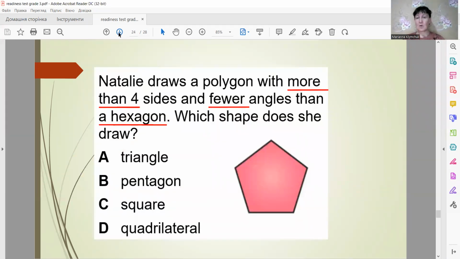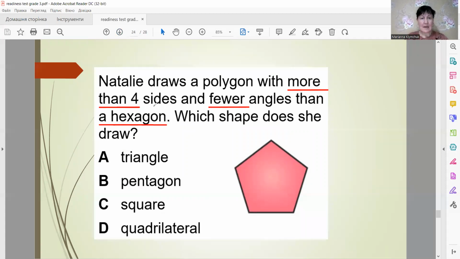And we have a very interesting picture. You will not have a picture in the quiz. This picture is just for you right now. So Natalie draws a polygon with more than 4 sides, but fewer angles than a hexagon.